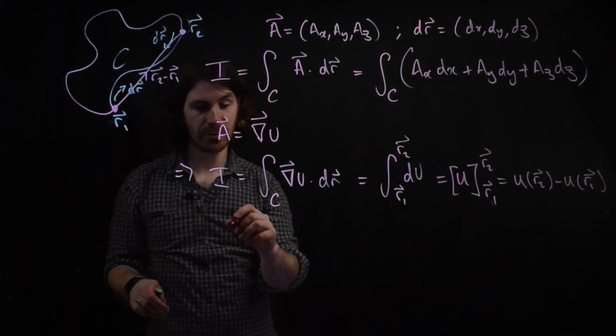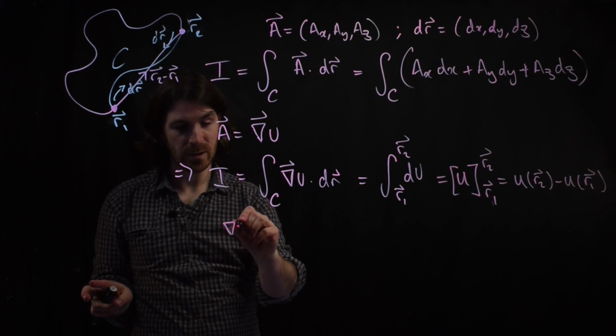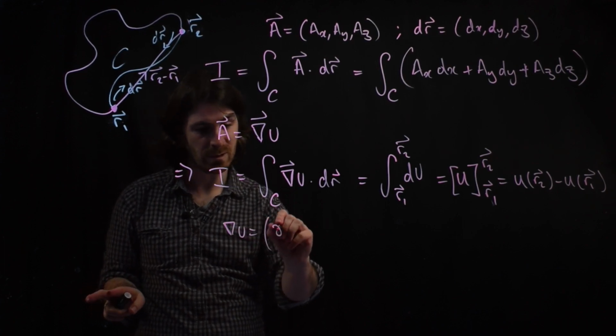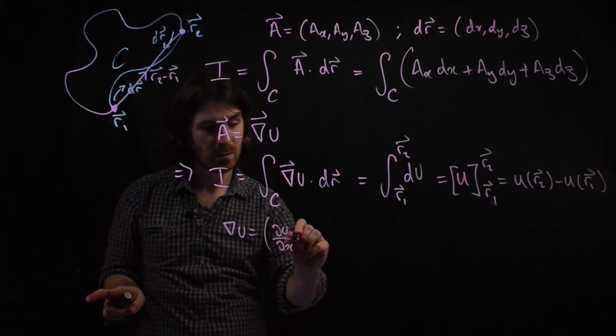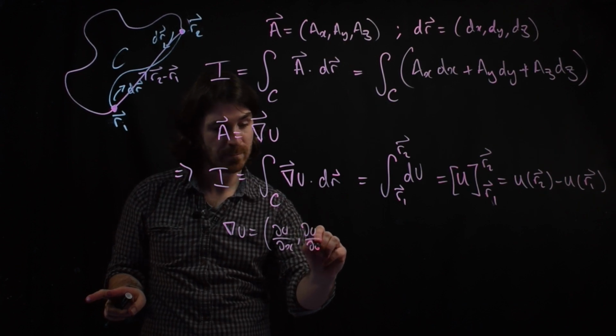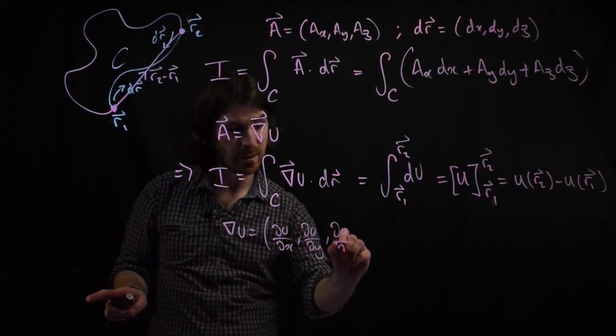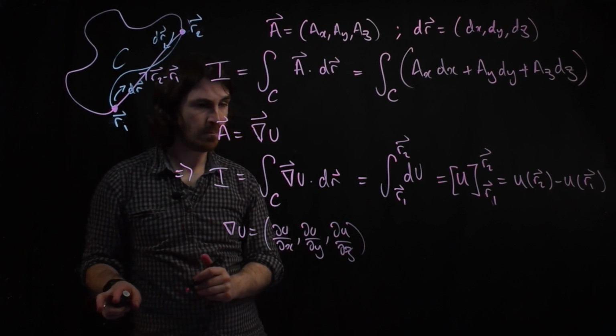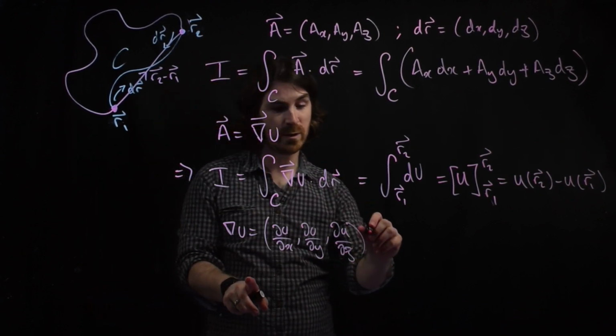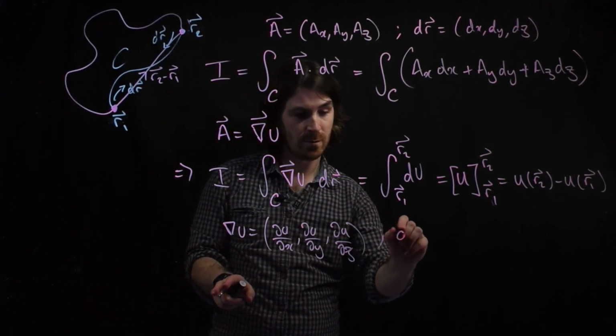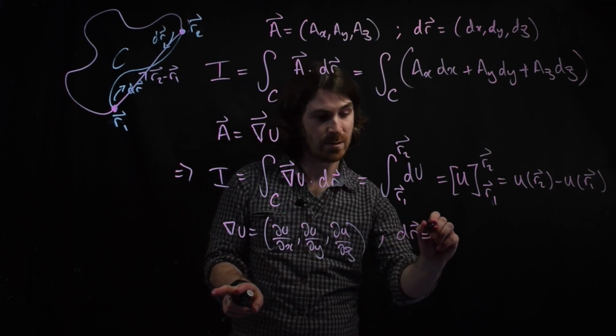Well, let's think about what the gradient of u is. The gradient of u is equal to (du by dx, du by dy, du by dz). And dr we know is just (dx, dy, dz).